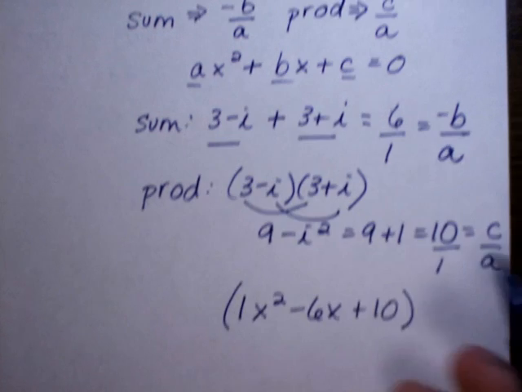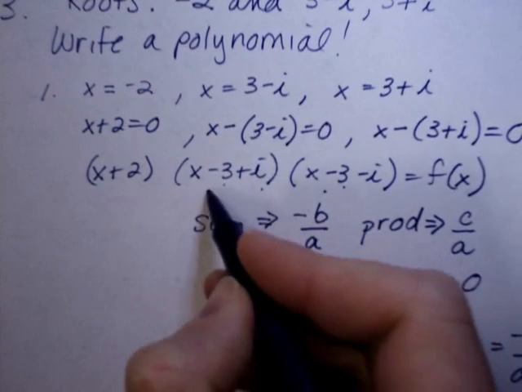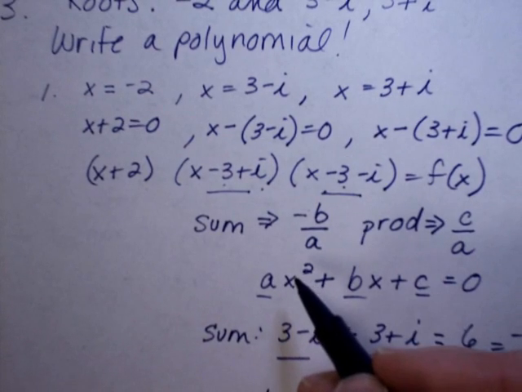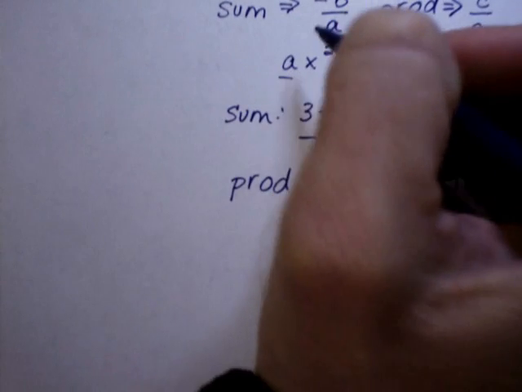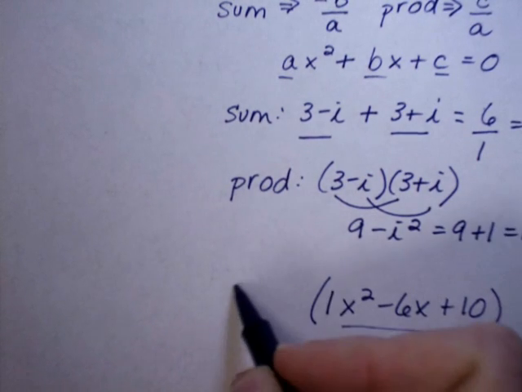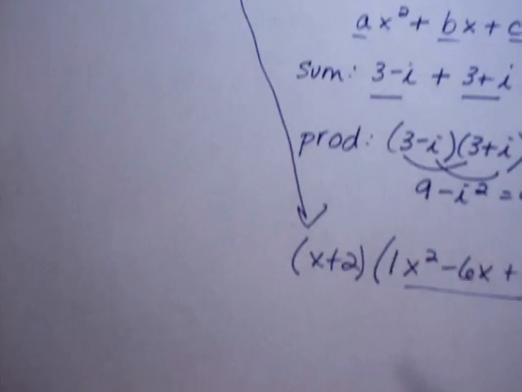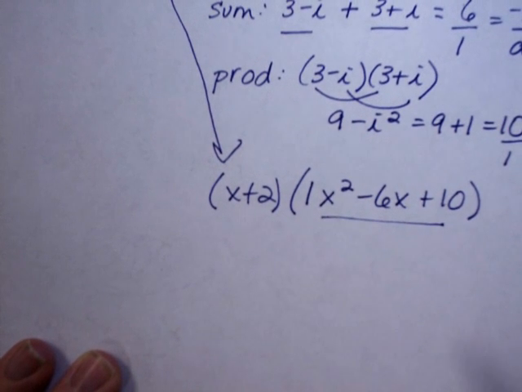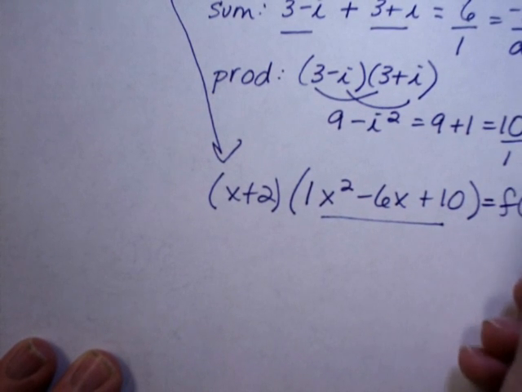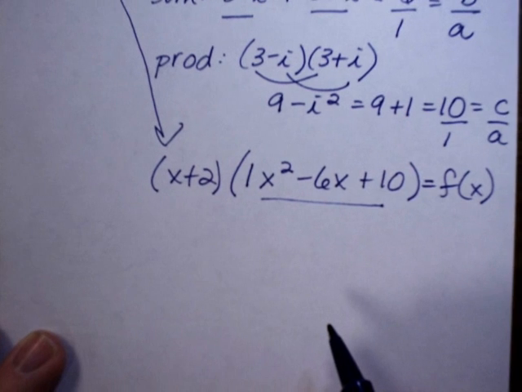Okay, so this is the product of these two factors. To get my finished polynomial, all I have to do is multiply this by that x plus 2. So I'm bringing down that x plus 2. Can't forget about it. That's what's going to give me the cubic. And I knew I was going to have a cubic because I started with 3 roots.